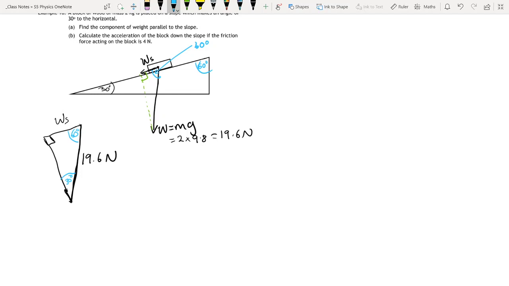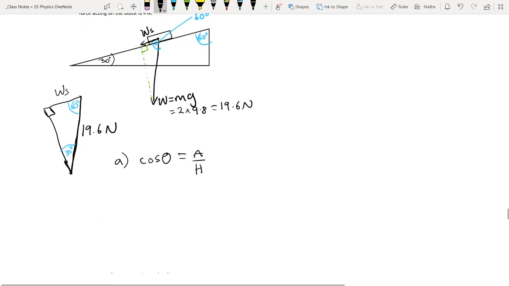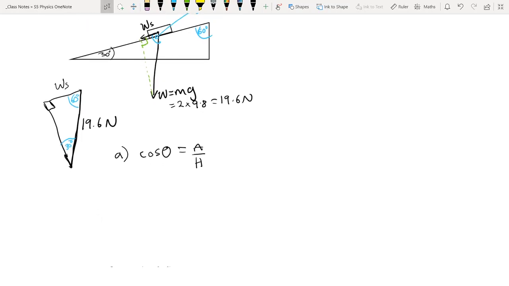Okay, so we've got a triangle. We need to work out what WS is, so we can use cos. Cos of an angle is adjacent over hypotenuse. So let's use 60.